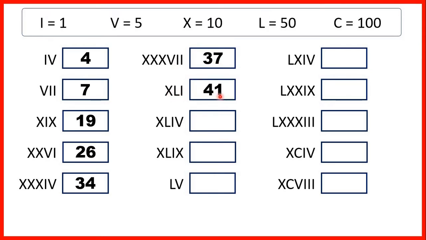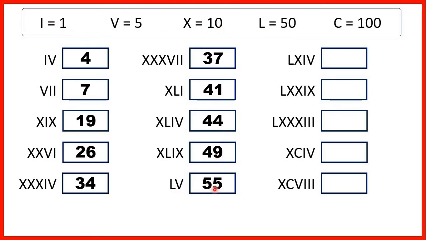XLI is 41, because XL is 10 before 50, so that's 40, and I is 1. XLIV is 44, because XL is 10 before 50, so 40, and IV is 1 before 5, so 4. XLIX is 49, because XL is 10 before 50, so that's 40, and IX 1 before 10 is 9.